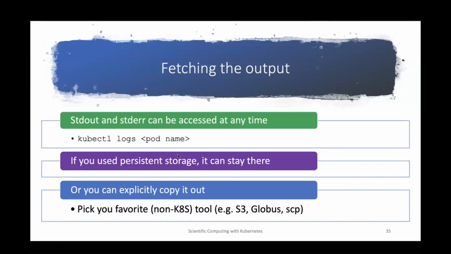You will need your favorite non-Kubernetes tool to do it. And it really depends if there is another way to access that persistent volume claim through, I don't know, S3 or Globus. If not, you just essentially start a sleeper Kubernetes pod and use SCP to copy it back and forth.